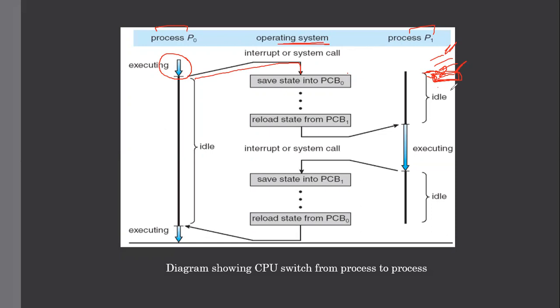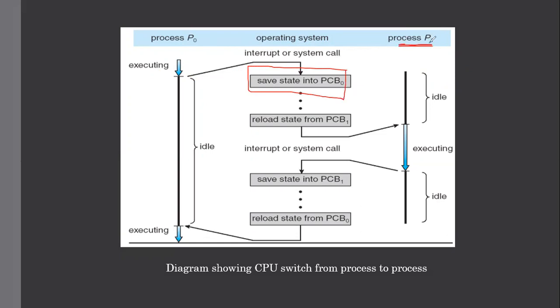So you will have to save this information so that when you come back, you continue from here. As we have discussed, the program counter information is saved in the PCB, and also the state of this particular process, the state of registers this process used, and if this process has opened some files, all this information is saved first.